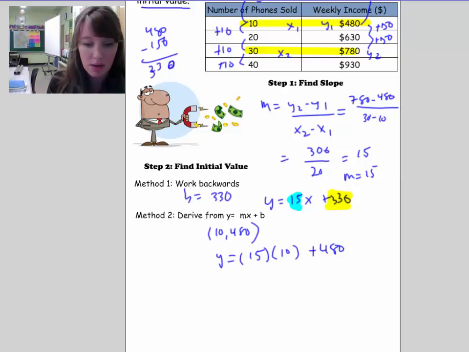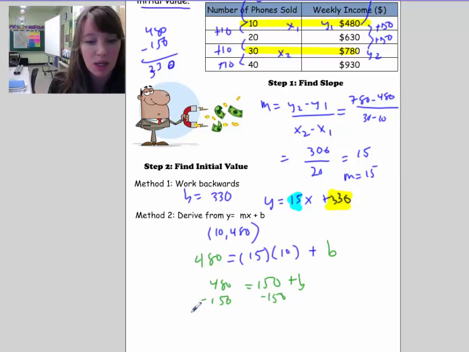Actually, sorry, the 480 is going to be the y, and in this situation we would be looking for the b if we hadn't found it already by working backwards. So 480 is equal to 150 plus b, and again, if we subtract 150, we're going to get the 330 that we got. Okay, so just two different ways of doing it.